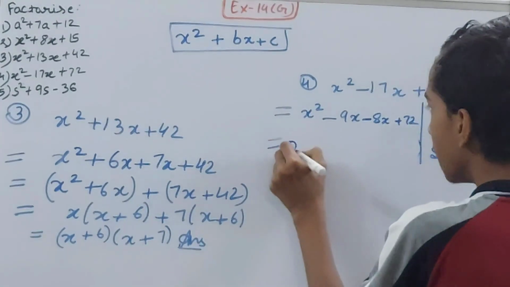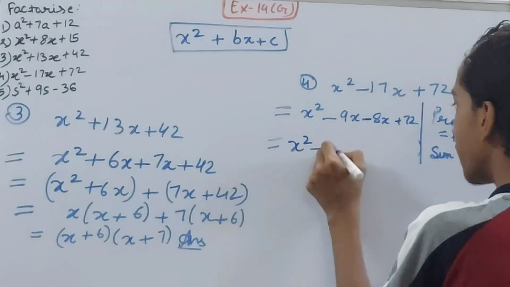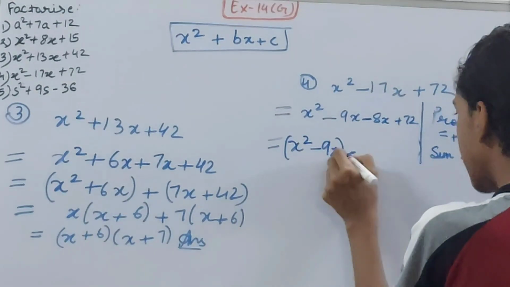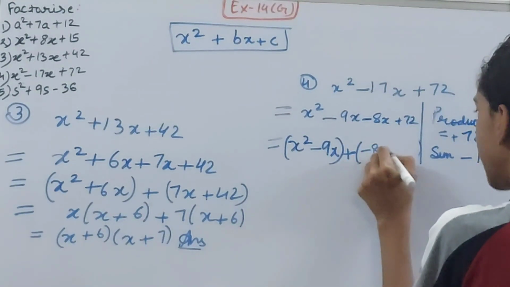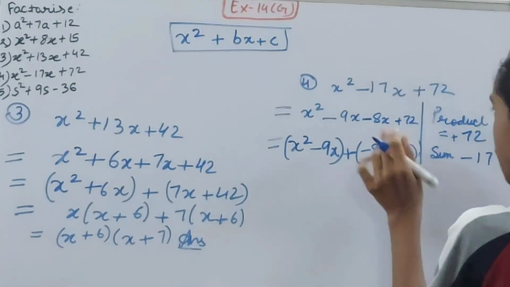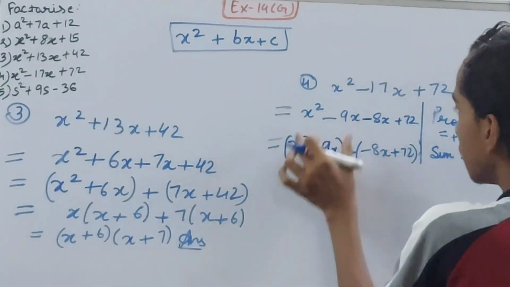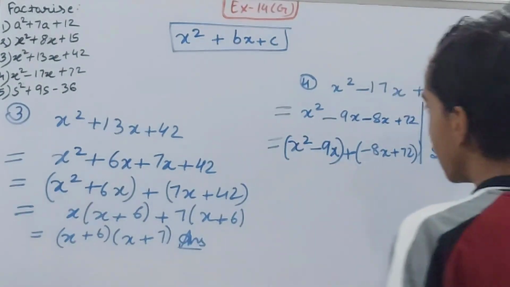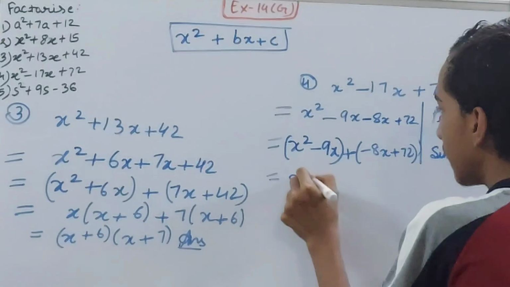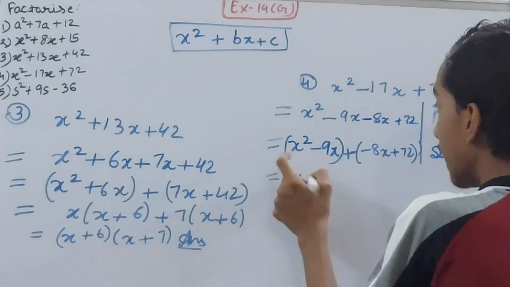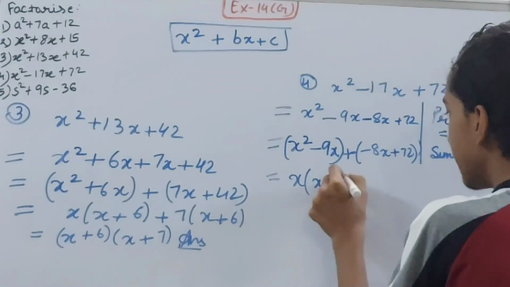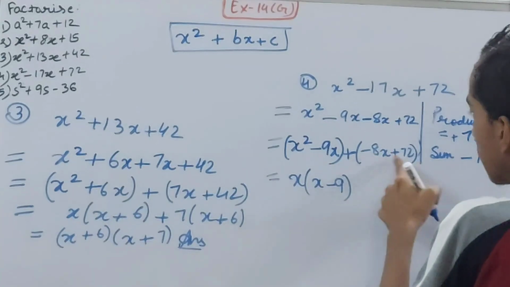Group this. One group can have x square minus 9x, and the other group can have minus 8x plus 72. So we have taken this part, we have grouped it here, we have taken this part, we have grouped it here, and put a plus in between. Now from here we can take x common and you will be left with x minus 9. From here, let's see what can we take common.